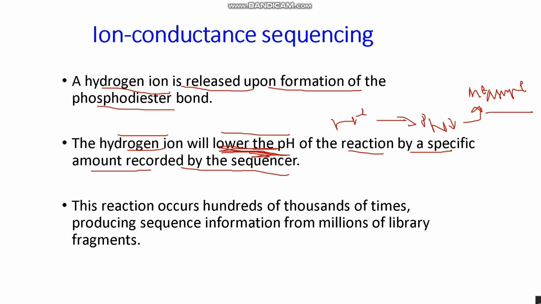The reaction occurs hundreds of thousands of times, producing sequence information from billions of library fragments, and by this, sequencing is done.